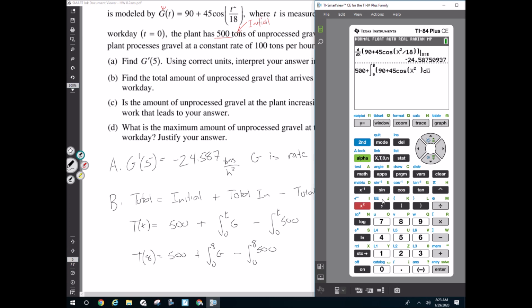You're not plugging in 8 for this, you're plugging in t. dt minus the integral, and I could just put the minus in here as well, but I like to just do separate integrals for simplicity.